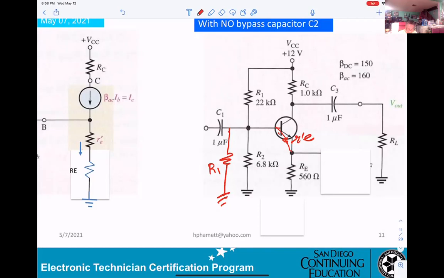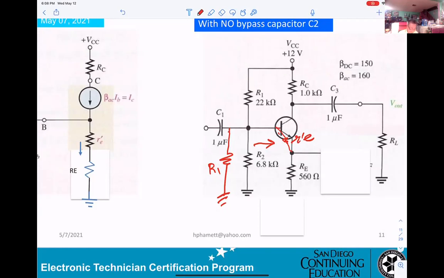That means you're looking from here into the transistor. Try to say, okay, how many resistance you get. That's what they call R in base.